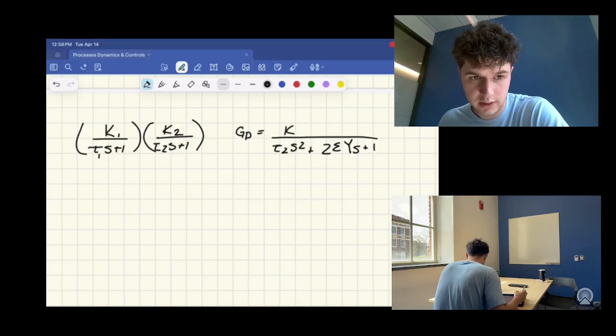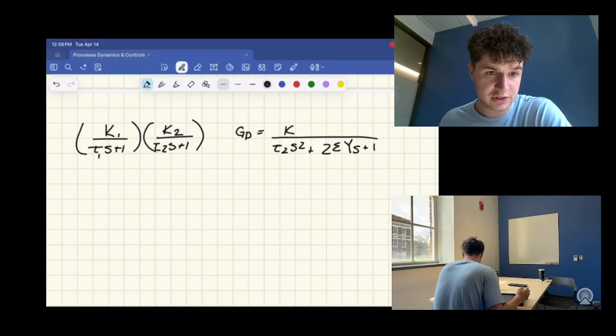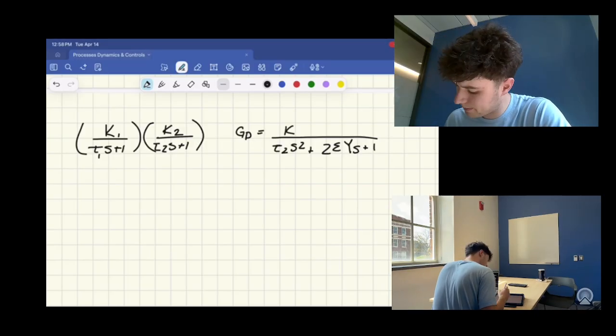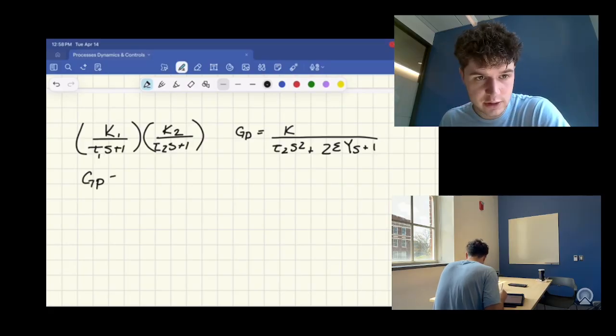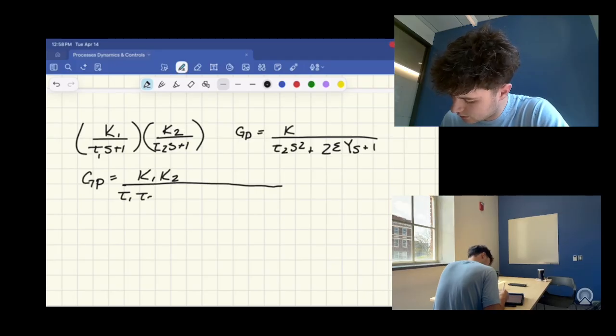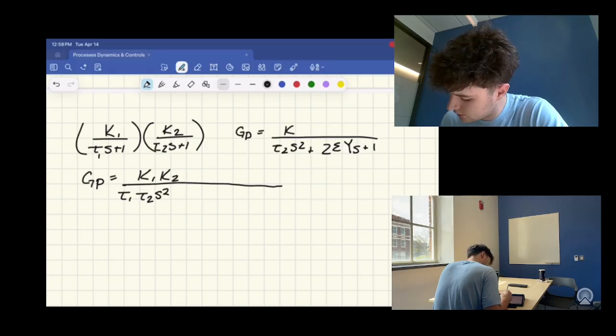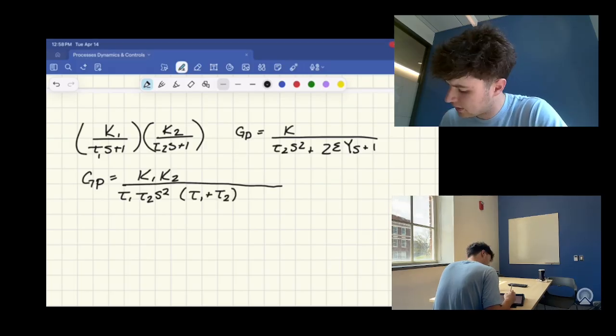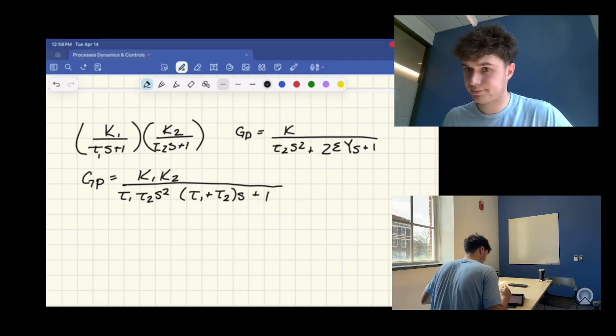And so now we're going to rewrite this equation in terms of tau, and you get GP is equal to K1 K2 over tau 1 tau 2 s squared, plus tau 1 plus tau 2 s plus 1.